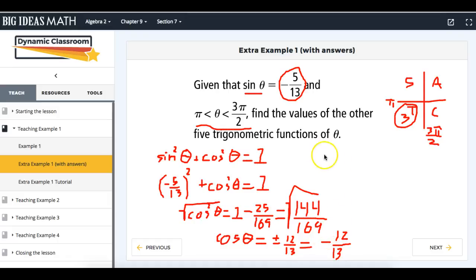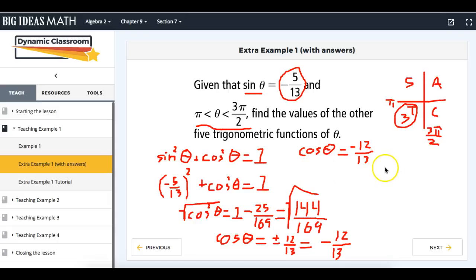Okay, so there is our first part: the cosine of theta equals negative 12 over 13. So we use our Pythagorean identity when we know sine or cosine, substitute one in, and solve for the other.